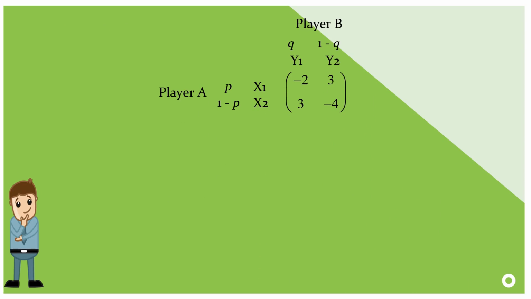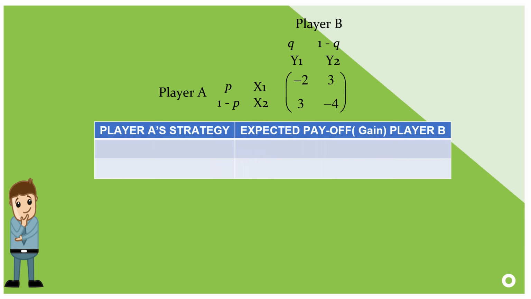To find the expected gain for player B, the positive values in the payoff become negative and the negative values become positive. Thus, the expected payoff for player B based on player A's strategy is, if A plays X1, the expected payoff for player B is 2Q minus 3 times 1 minus Q, which gives us 5Q minus 3.